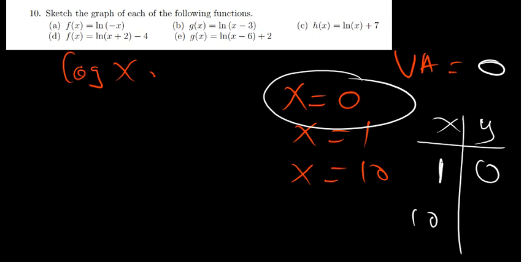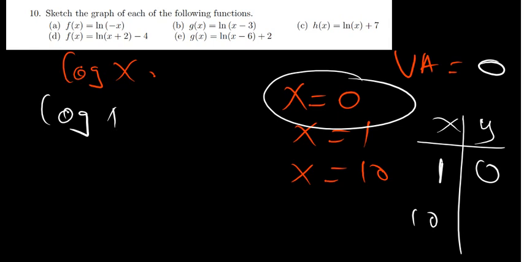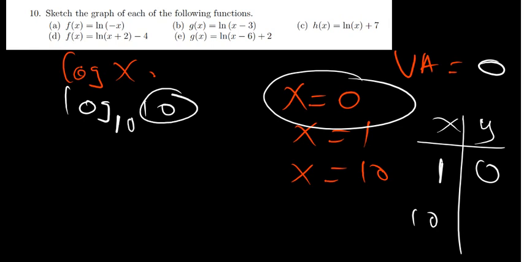So in that case, we're going to have log base 10 of 1, which is 0. Now what of 10? Meaning we've got log base 10 of 10. Remember we said if we've got the base of itself, that is going to give us 1. So definitely that is going to be 1.